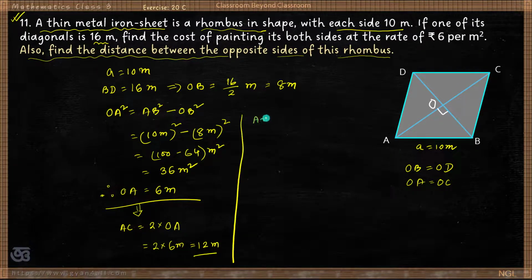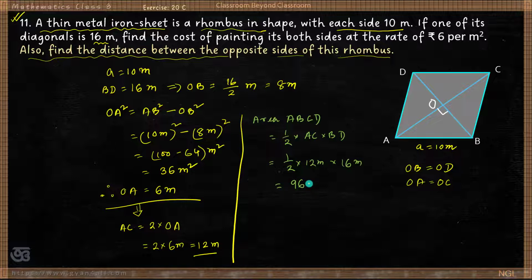meter. Now, area of the rhombus, area ABCD, is equal to half of product of the 2 diagonals, so that is AC multiplied by BD. So this is equal to half of AC is equal to 12 meter and BD is equal to 16 meter. So this is 96 meter square.